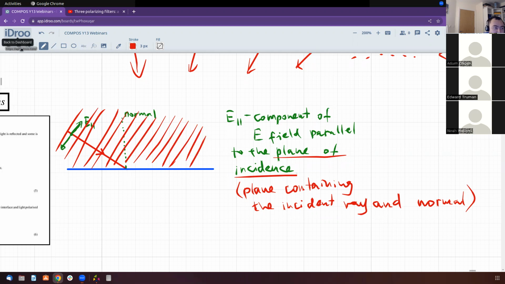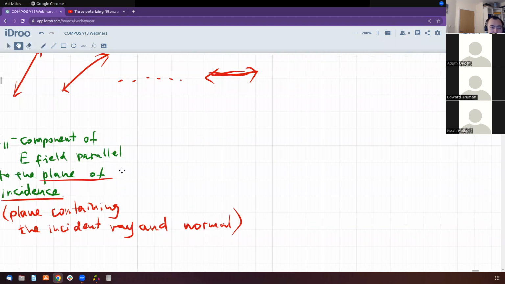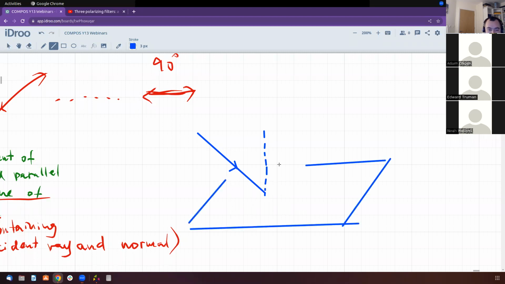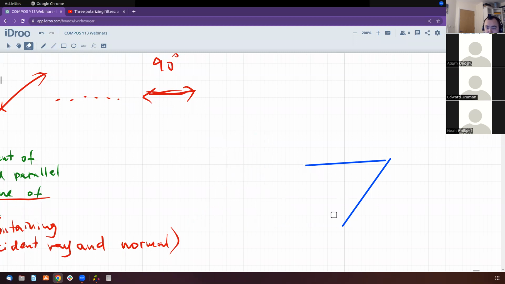In 3D, you try to draw this: this is the incident ray, this is the normal, and this is the surface. So it's this plane. Does that make sense, Edward? Okay.